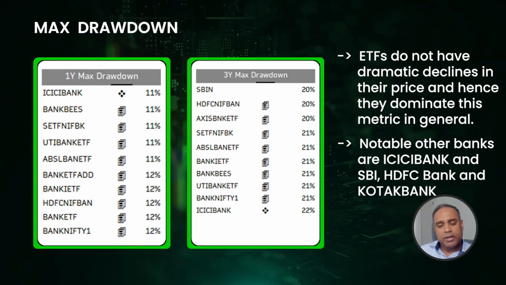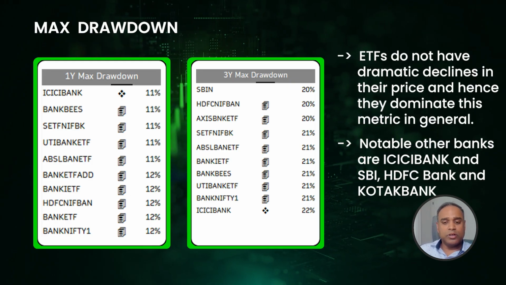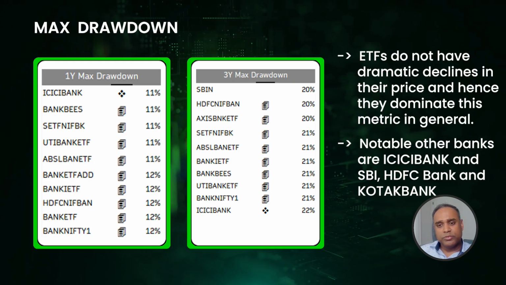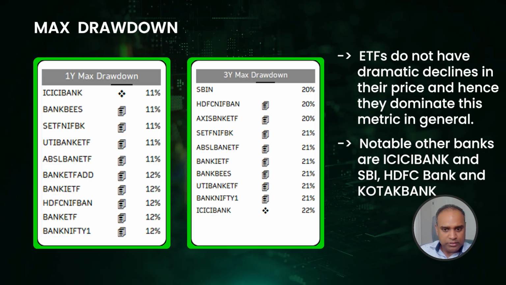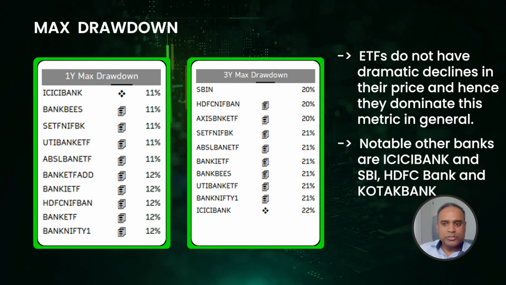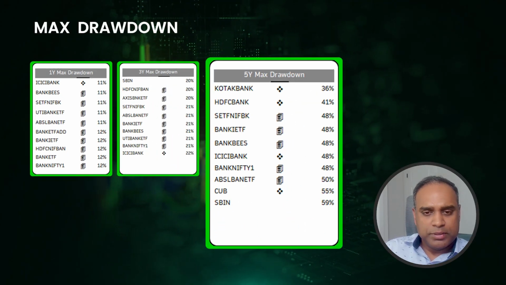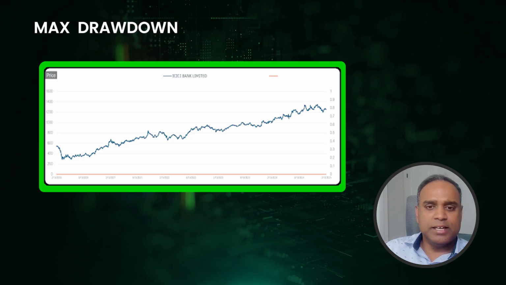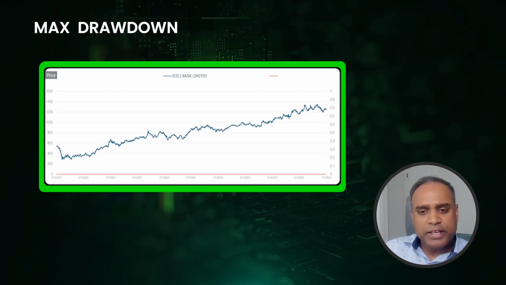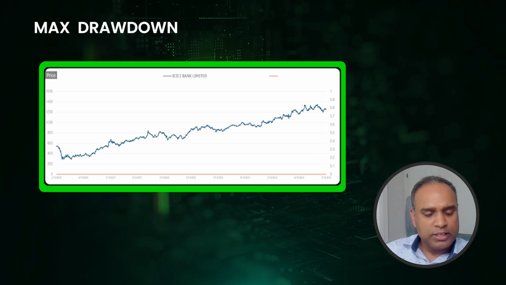And then the State Bank of India within the last 3 years has been in the top 10 in terms of not losing a lot of its value, and again ICICI Bank. And also a couple of other banks come up in the 5-year window as well. Now, let's say, for example, ICICI continues to be in the top 10 across all the time frames.